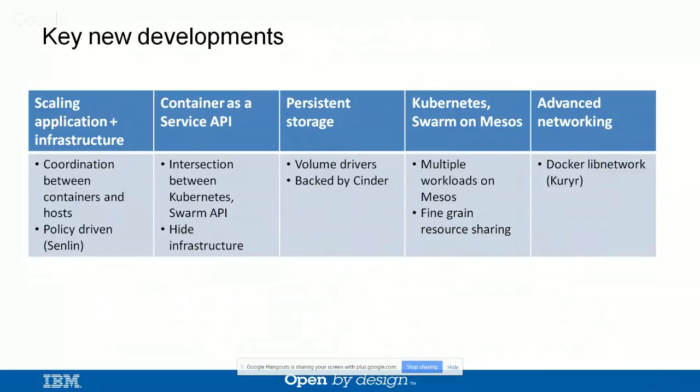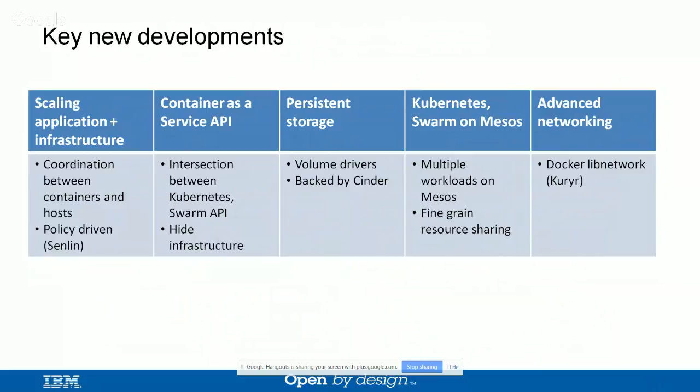And so we were looking at doing this through Mesos. The nice thing about Mesos is that it allows you to support multiple workloads. So you could have both Kubernetes and Swarm running on Mesos at the same time, and it allows you to share the resources very nicely.